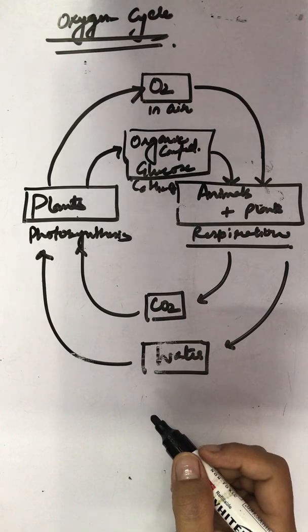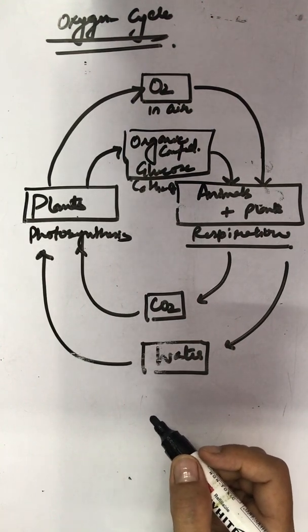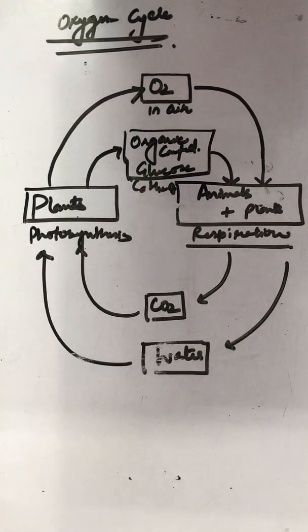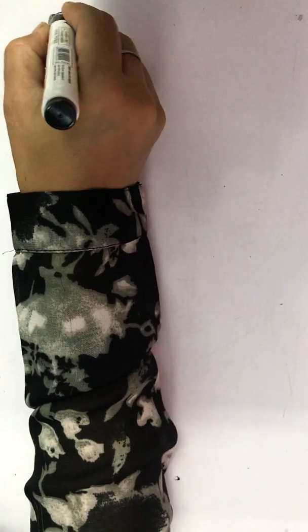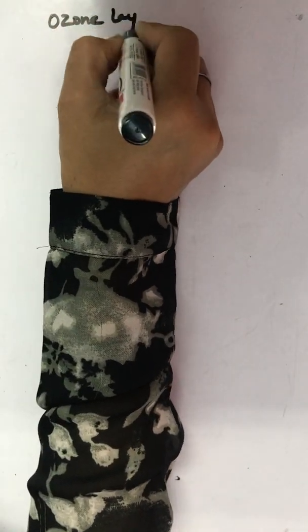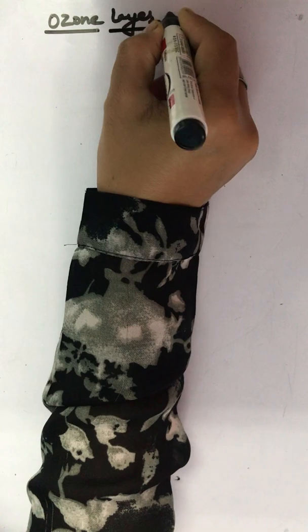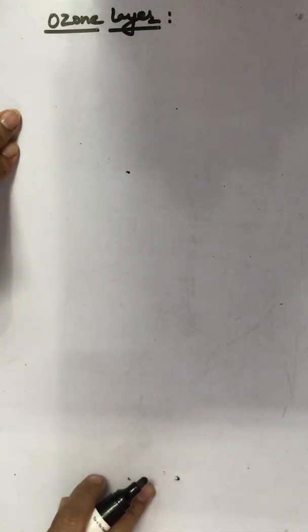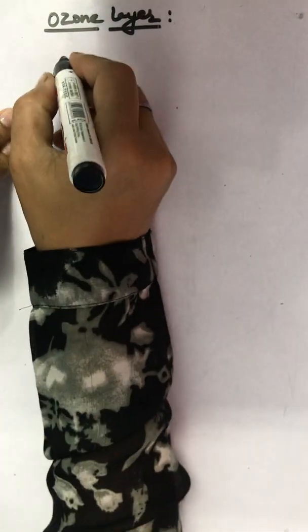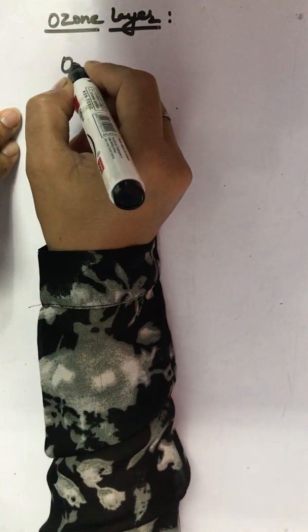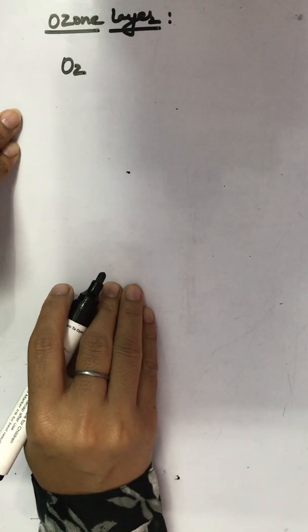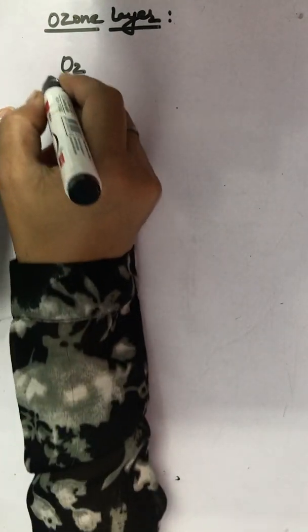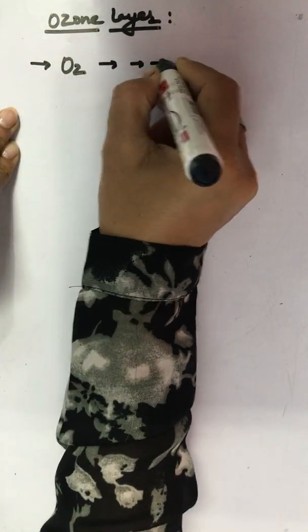Now moving to the last topic of this chapter, the ozone layer. What is the ozone layer? First of all, we know that there is a diatomic molecule, O2, which is mainly present in our atmosphere.